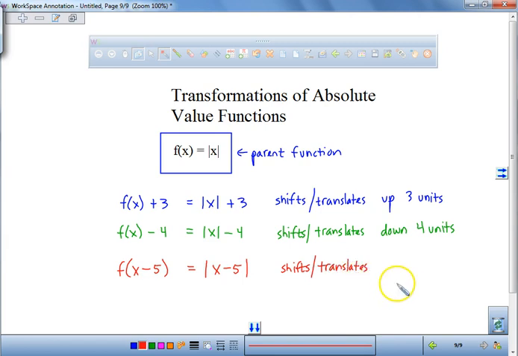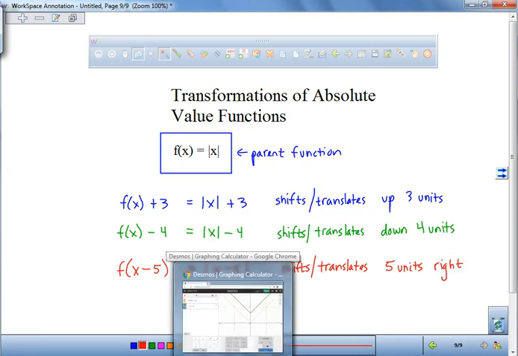It's going to be 5 units. I wonder which direction it's going to go. It's going to be 5 units to the right. And you're like, I think you're wrong. I can totally understand why you think I might be wrong.